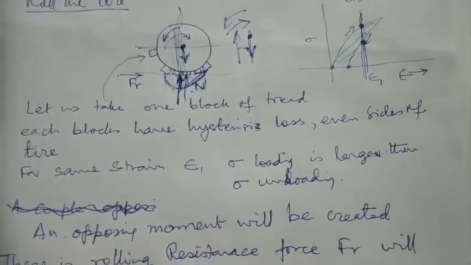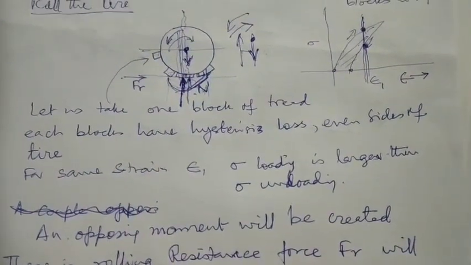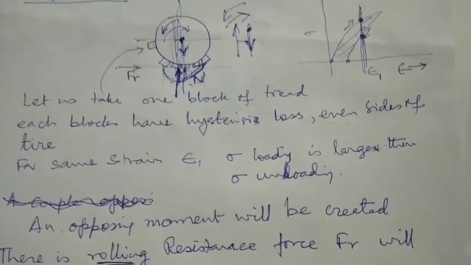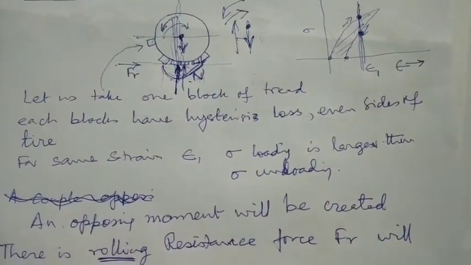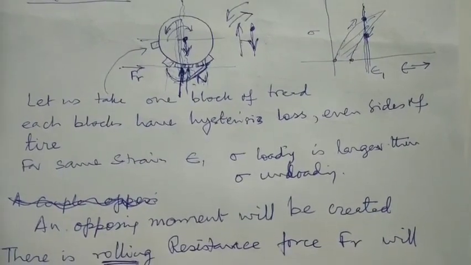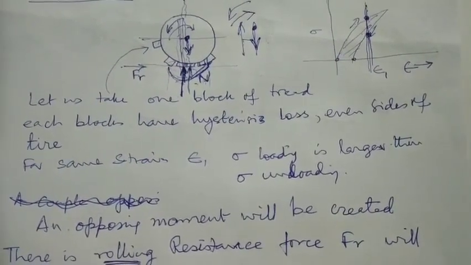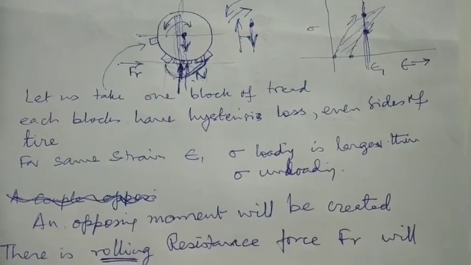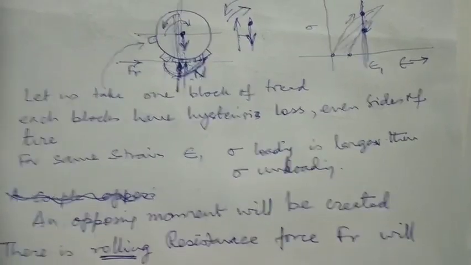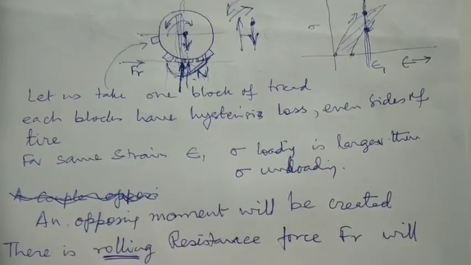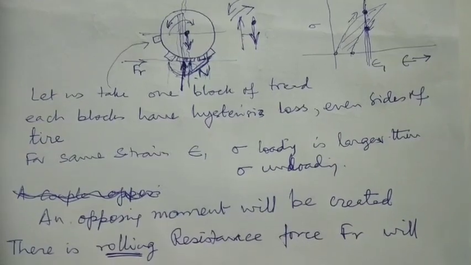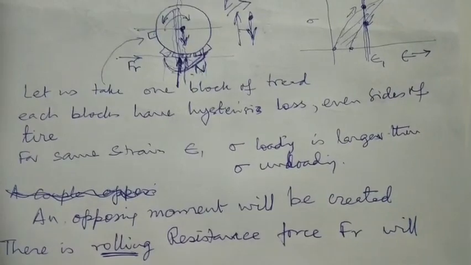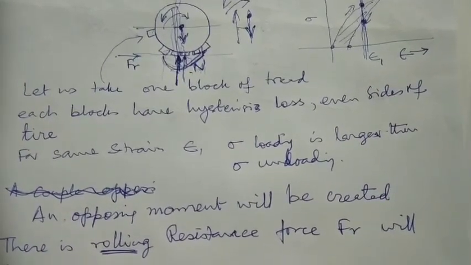Now if you have understood that, then we are trying to track, we are trying to move the vehicle. The movement is known as tracking, and when we are trying to track, there is a resistance offered in the form of a moment, which is because of the disturbance of the pressure patch, the contact patch, and this particular disturbance has created an anti-clockwise moment which is opposing the movement.